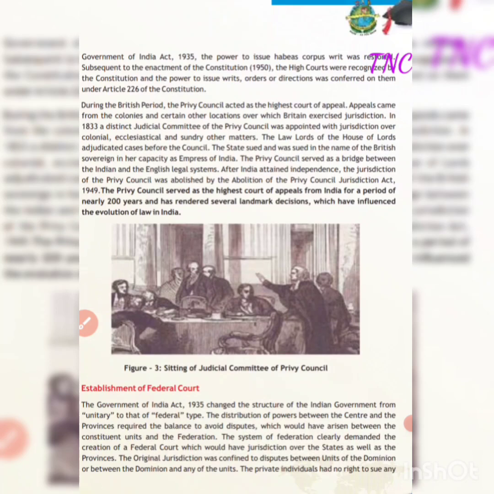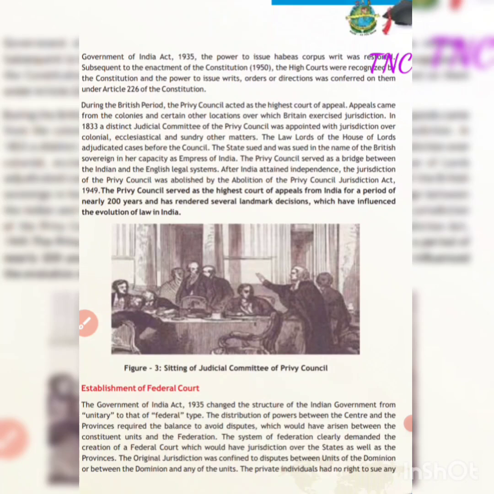Subsequent to the enactment of the Constitution in 1950, everybody well knows that High Courts were recognized by the Constitution and the power to issue writs, orders or directions was conferred on them under Article 226. That means as per the Constitution, in today's date, High Courts and the Supreme Court both have their own jurisdictions and their own powers, but both have equal powers to issue writs.